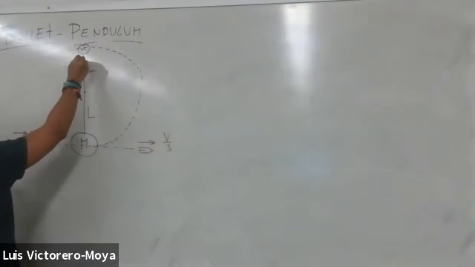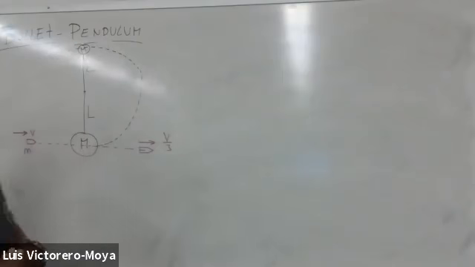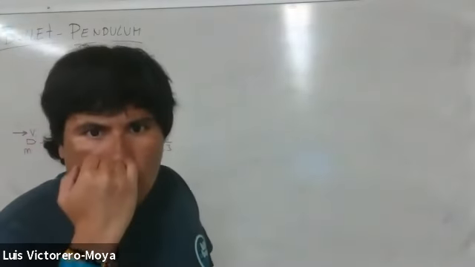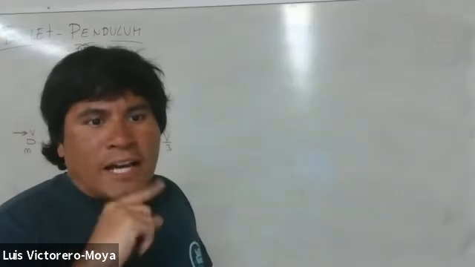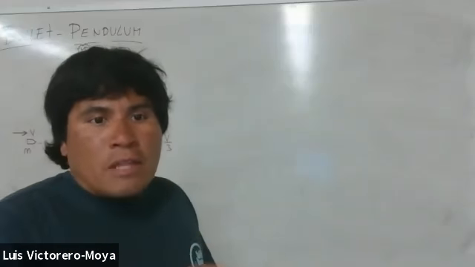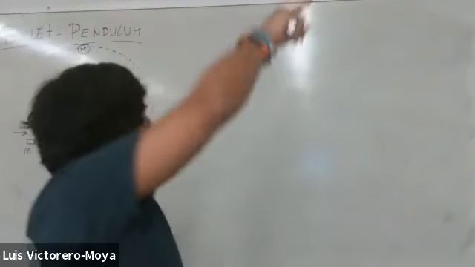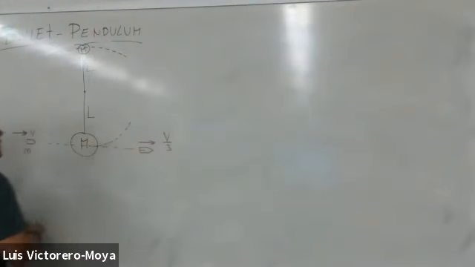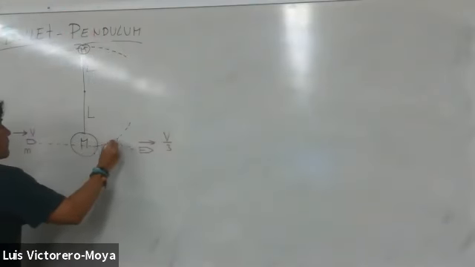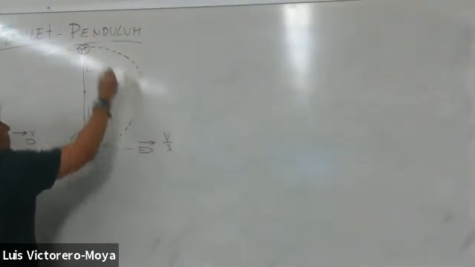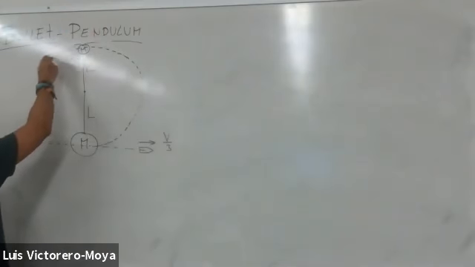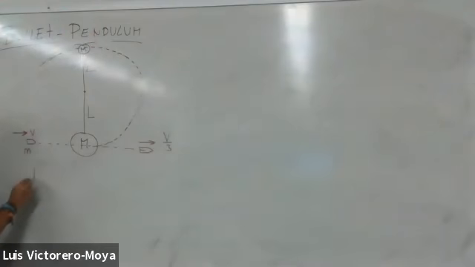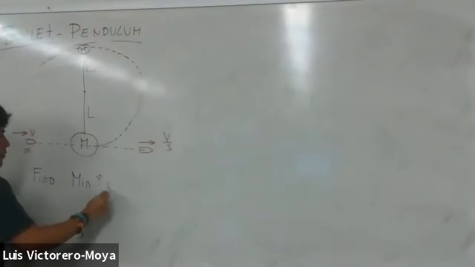They are asking you: what is the minimum value of that v of the bullet so the pendulum can barely go through the loop? Because there is a minimum value for that to happen. There you are, right? Find the minimum v of the bullet.